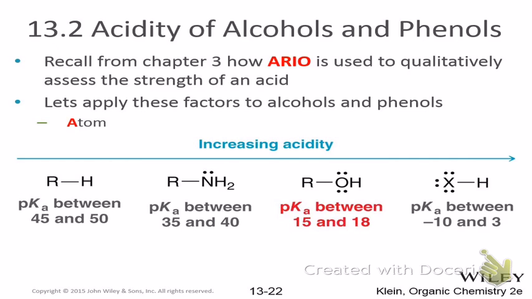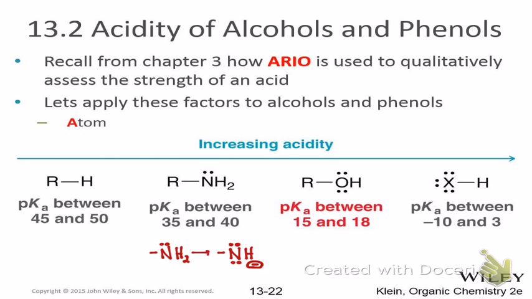So NH2 has a lone pair, and then you can pull a proton off of it. Again, the pKa for this process is between 35 and 40, so that means that's a very weak acid. This is a really strong conjugate base again.